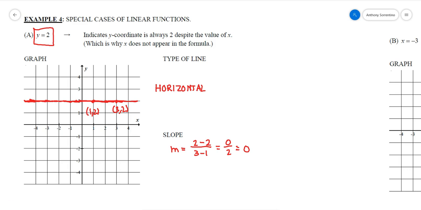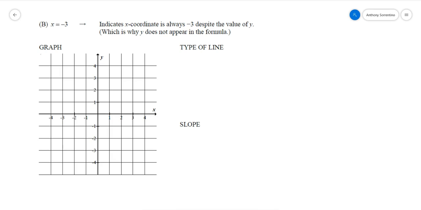What about a vertical line? Now, it doesn't take someone to be a genius for this one. If y equals a number is a horizontal line, then it kind of stands to reason that x equals just some number is a vertical one. And the reason why it works that way is because this is saying that the x-coordinate is always negative 3. Since y is not appearing in this formula, y doesn't matter.